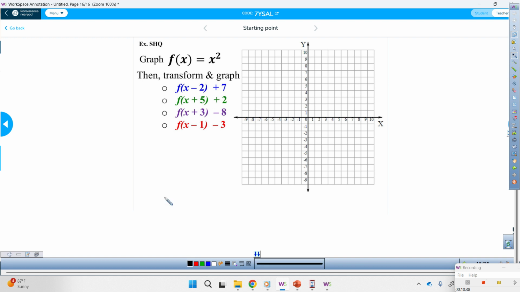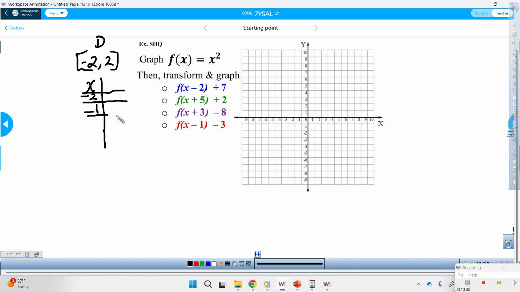All right, good conversations. Go ahead, Yalitza. Domain: -2 to 2 in brackets. That's our domain. Hands if you agree with that. Yes, so we get our table going. X is from -2, -1, 0, 1, 2.